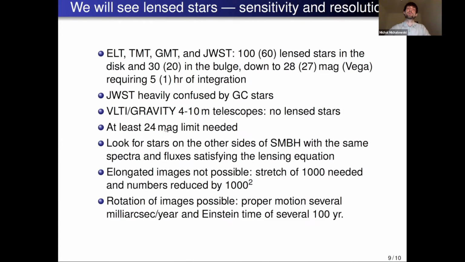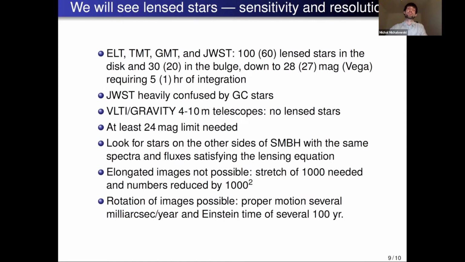And well, at least 24 magnitude is needed. And the method here is quite simple. We just look for 2 stars which are exactly on the other side of the supermassive black hole. They have the same spectra and fluxes which satisfy the lensing equation.